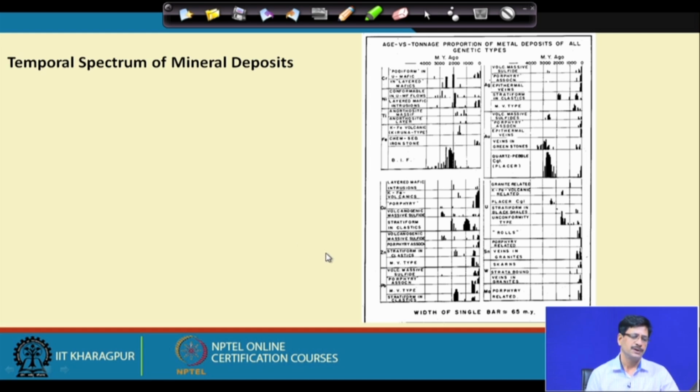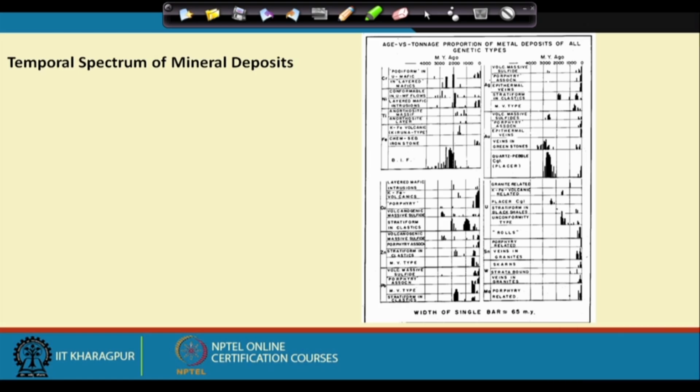So, without getting much into the intricacies, we can make one quick inference here: the formation of deposits of scarce metals like molybdenum, tungsten, tin, which have very high enrichment factor values of the order of 40,000, 60,000 or so, definitely took time.